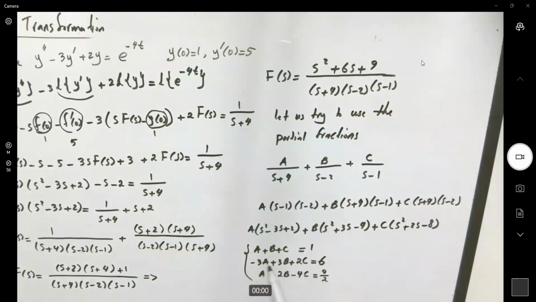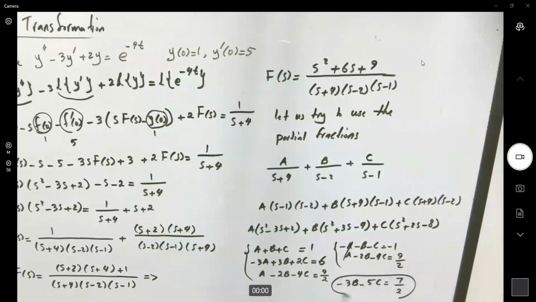If you multiply the first one by negative 1, we get negative a minus b minus c is negative 1, and taking the last one, a minus 2b minus 4c is 9 over 2, we get negative 3b minus 5c equals, well, 7 over 2. So far we have this one, and so we took 1 and 3 and we wrote this way.